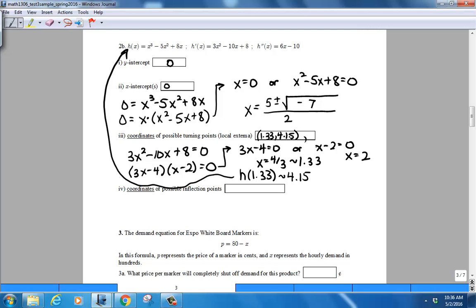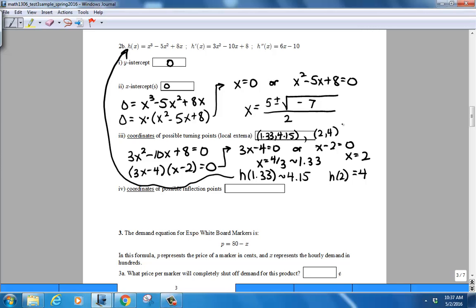That's the x coordinate, that's the y coordinate. And then the second possible turning point is a little bit easier. You just have to plug 2 into your formula. In other words, calculate h of 2, plug 2 in here for x, and that works out to be 4, if I did the arithmetic right. So there's your second possible turning point.